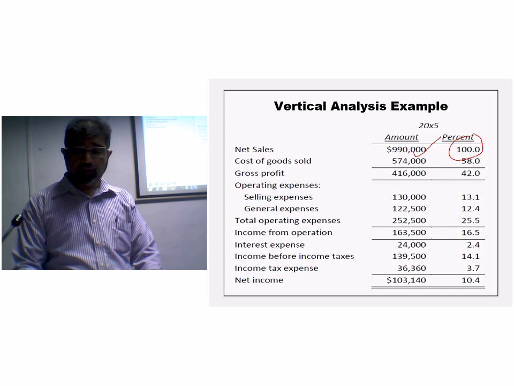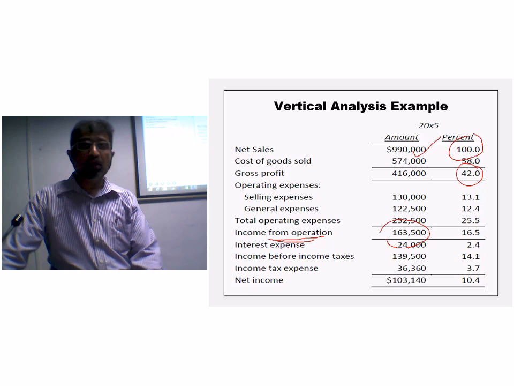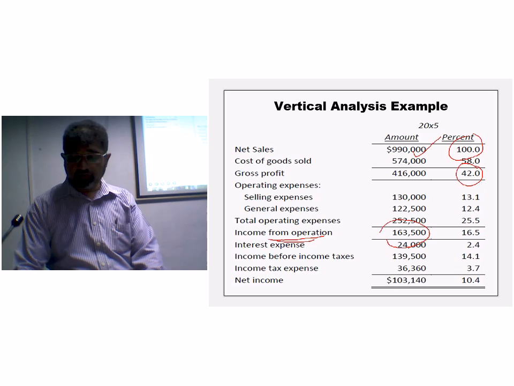Gross profit 416 divided by 990 into 100, then you can take 42%. Then income from operations, you can divide 163,500 by 990,000 into 100.